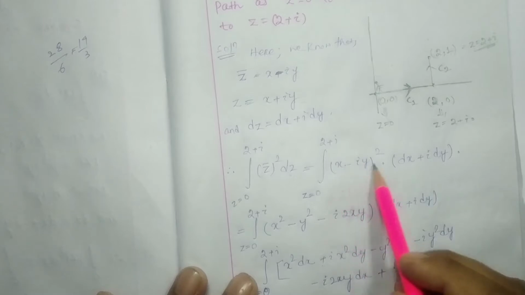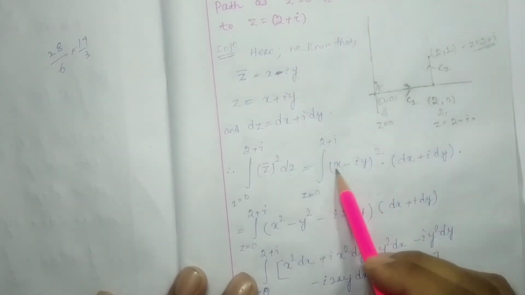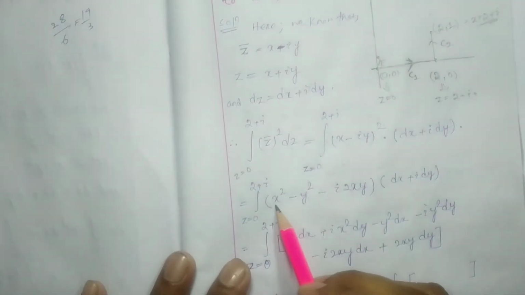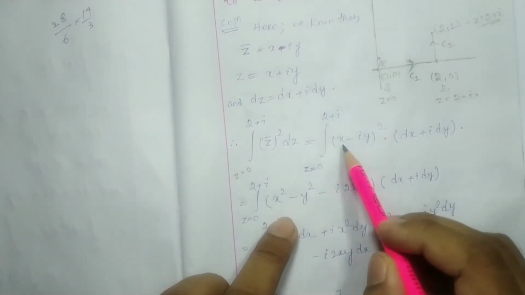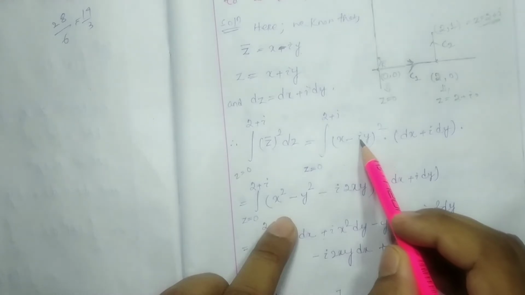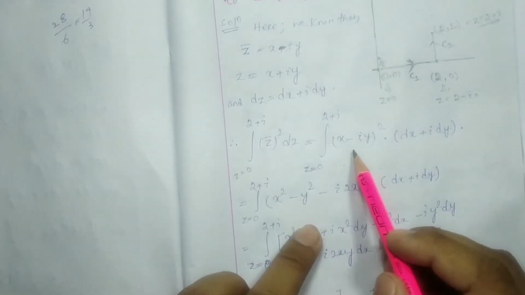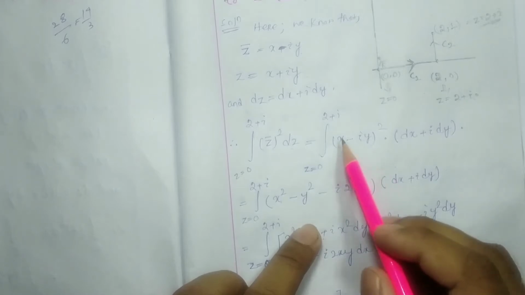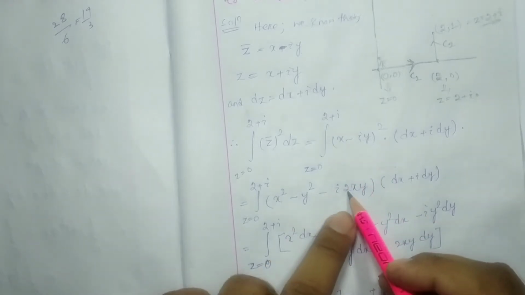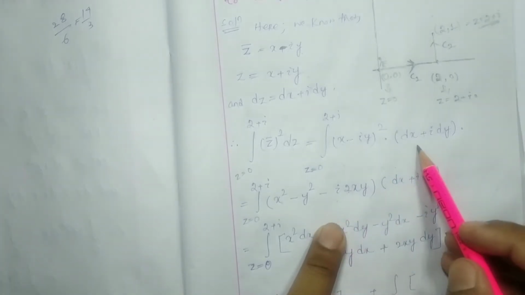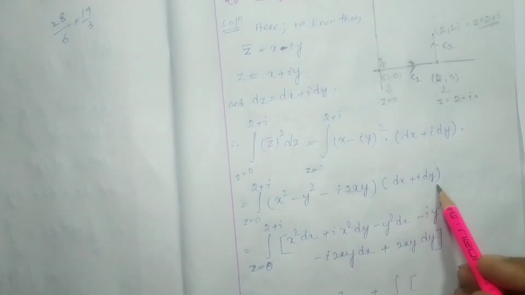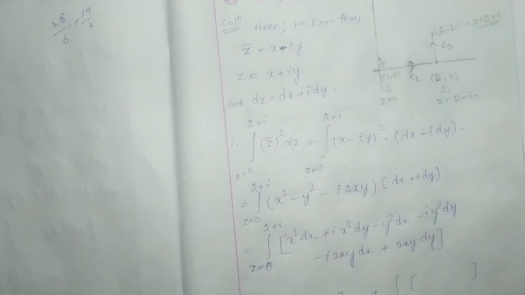This is in the form (a minus b) square, so it will be a square plus b square, where b square means i square y square, and i square is minus 1, so minus y square. Then minus 2ab, where a is x and b is iy, so minus 2ixy, into (dx plus i dy).